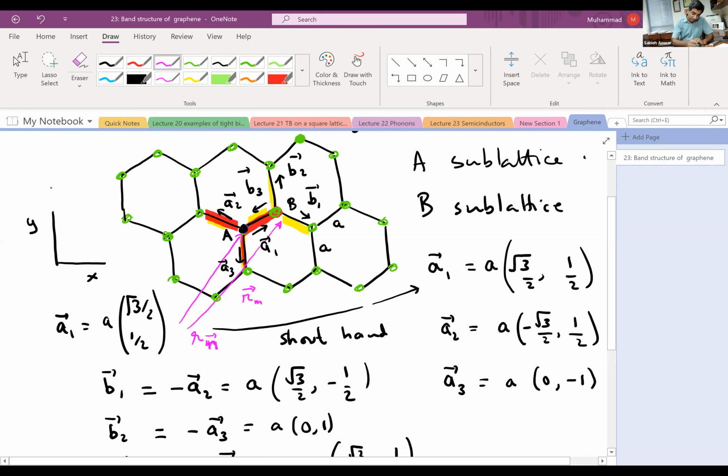A hopping is possible when Rm minus Rn is either a1, a2, or a3.